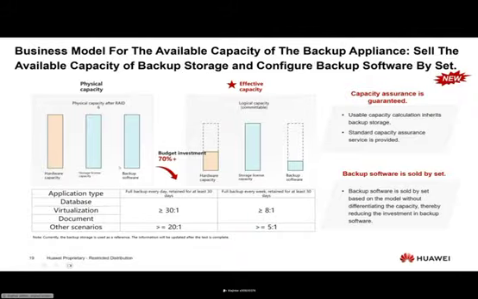For example, in the traditional physical capacity business mode, you must configure all the capacity, for example 100 terabytes: all the hardware, all the storage license capacity, and also the backup software license. But now, with the effective capacity mode, you don't need to buy all of the physical capacity.